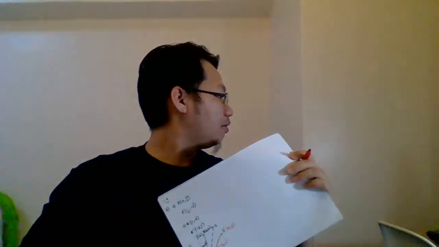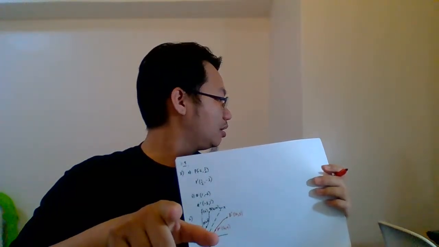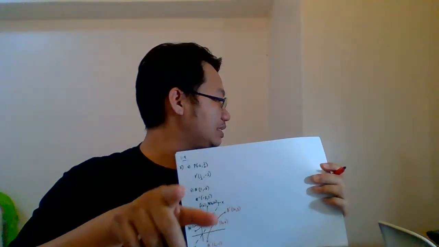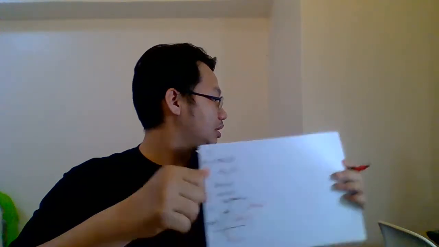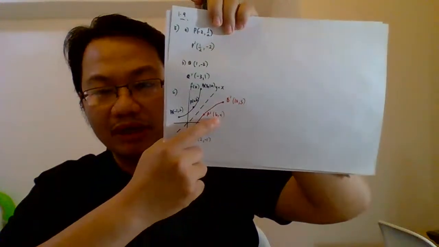For 6B, find the values of a and b if the coordinate that corresponds to y equals f inverse is 4, 1. Now, if you look at number 6B, they are talking about the point that corresponds to f inverse, which is 4, 1. That means the P prime here is actually the coordinates 4, 1.